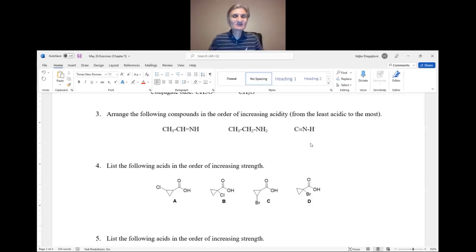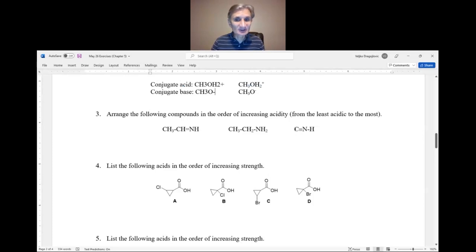An sp hybridized atom is the most electronegative, sp2 in between, sp3 the least electronegative. So when hydrogen is bonded to a particular atom, the more electronegative that atom is, the more acidic the compound is, because the more stable the conjugate base is. And so sp is the most acidic, and then sp3 would be the least.